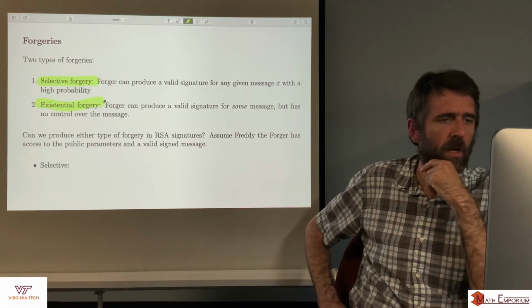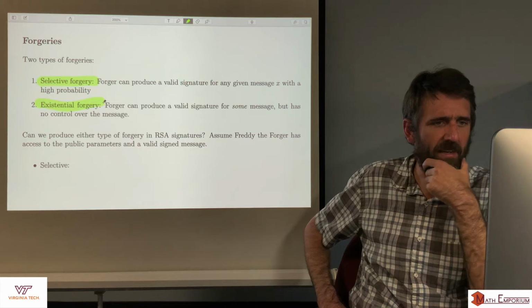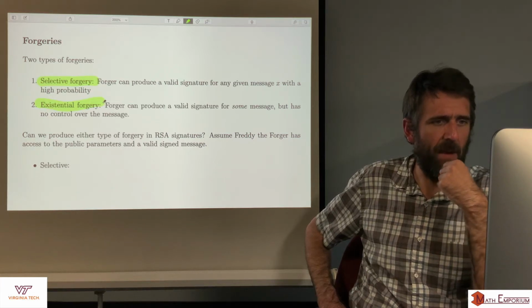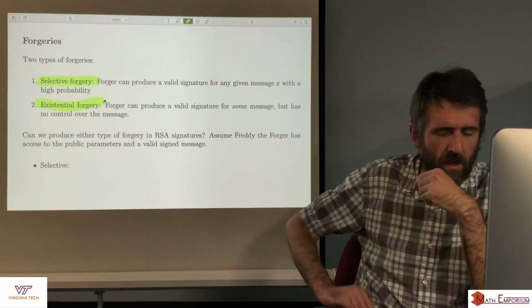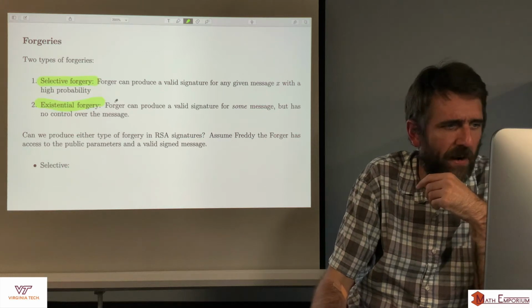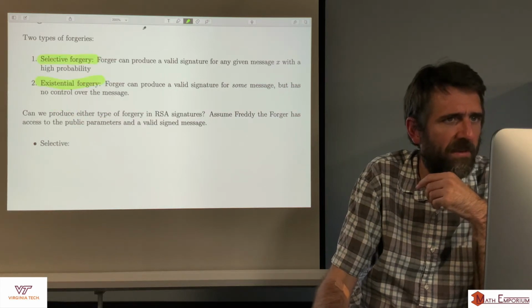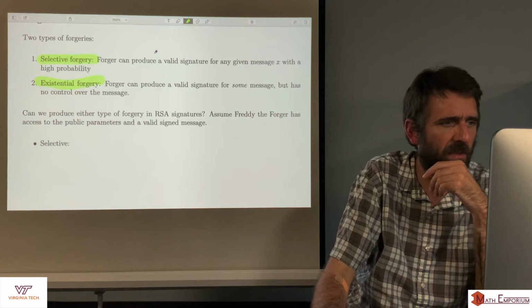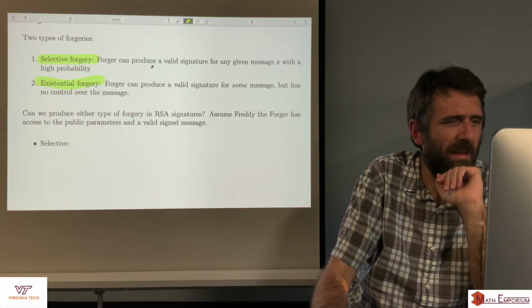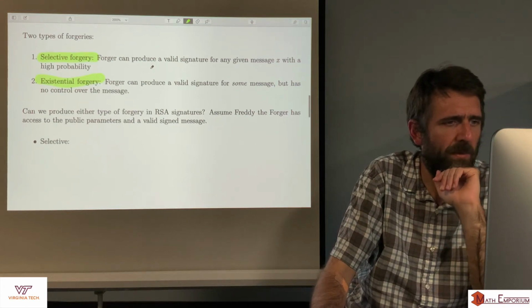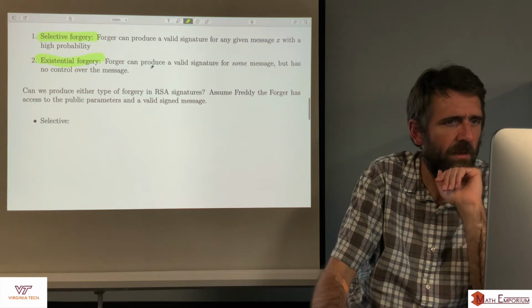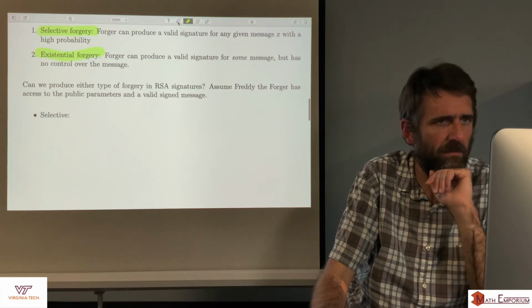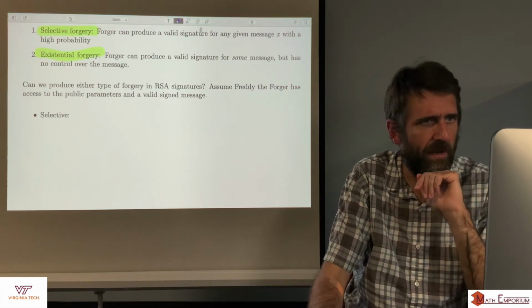All right, so let's look at RSA signatures and see if either type of forgery can be produced. We'll assume that Freddie the forger has access to the public parameters of the scheme and maybe even a valid signed message. So what would have to happen in order for Freddie to produce a selective forgery on a signed message?